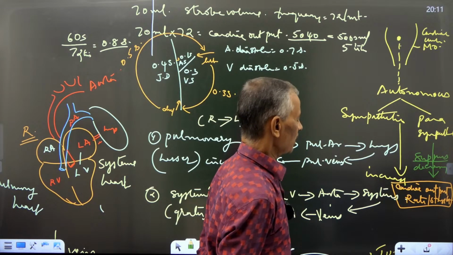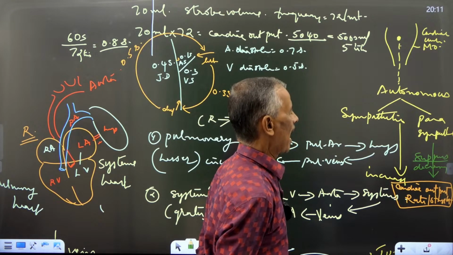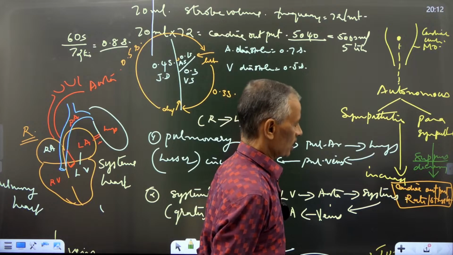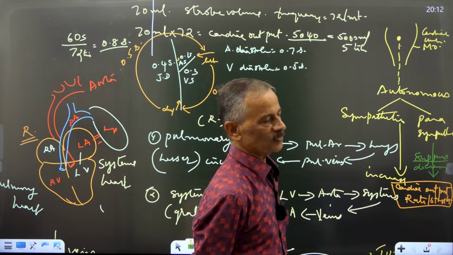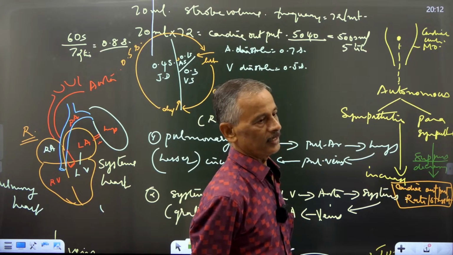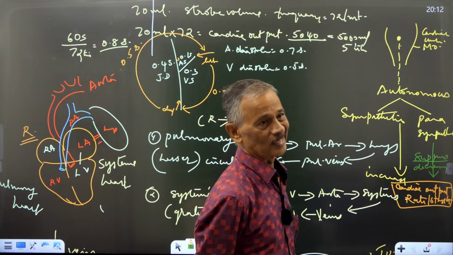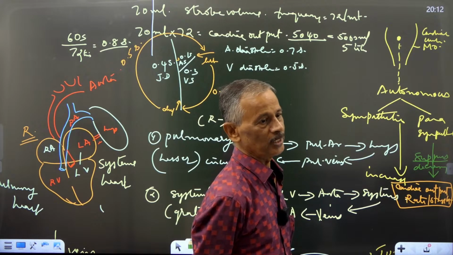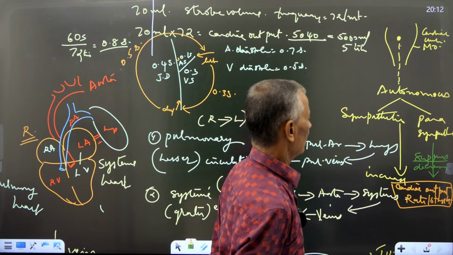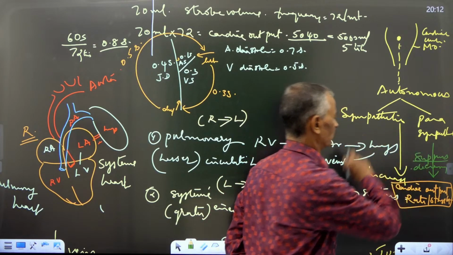That means the rate is also lowered and the strength of contraction will be lowered. So after that emergency situation, the heart should be brought back to normalcy. So that increased rate and increased strength should be brought back to normalcy. That is what is called decreasing or suppressing.